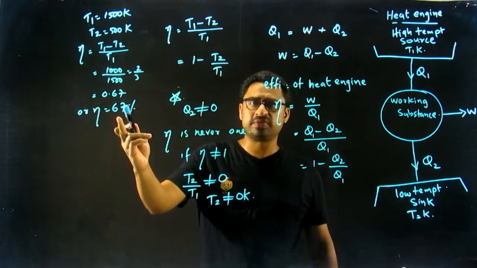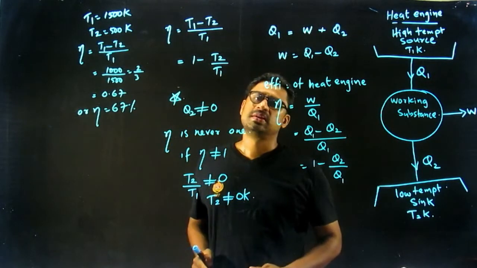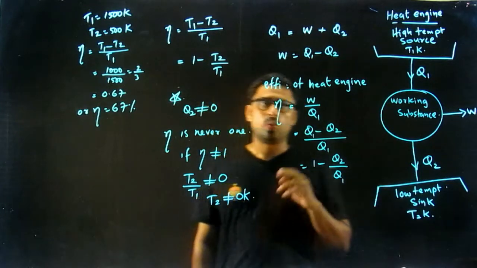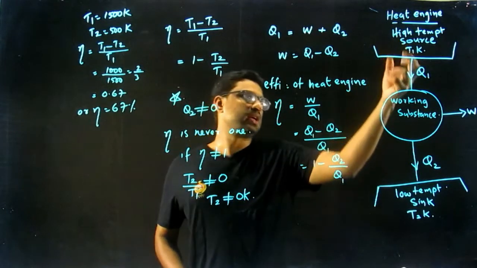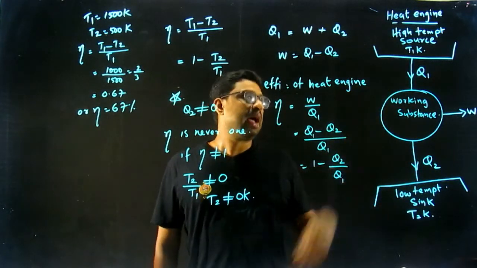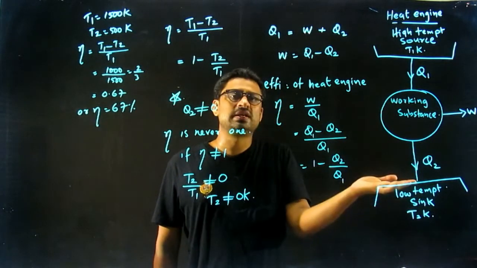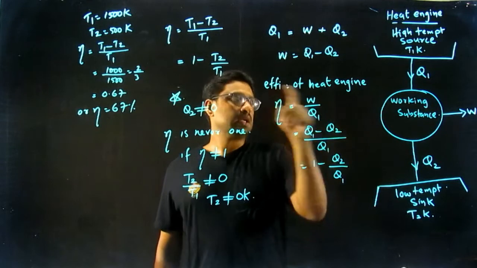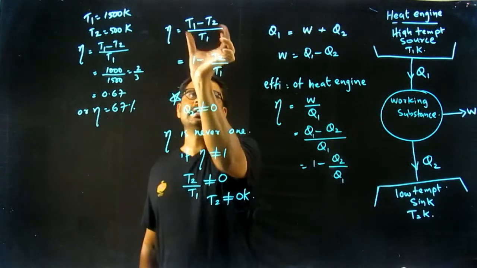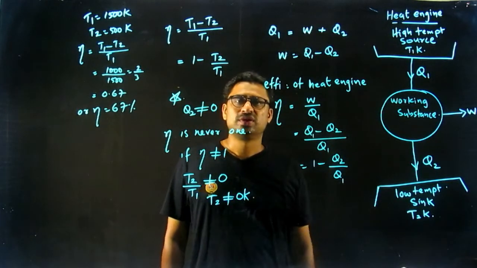So this is the expected efficiency, and I want to get the 100% of the 67%. Even if you wish that, there are so many challenges that you are going to face. One, as you take heat from the source, it will start to cool down. And as we dissipate heat to the sink, it will start heating up. Means what? T1 will be reducing and T2 will be increasing. That T1 minus T2, the difference, will be decreasing.